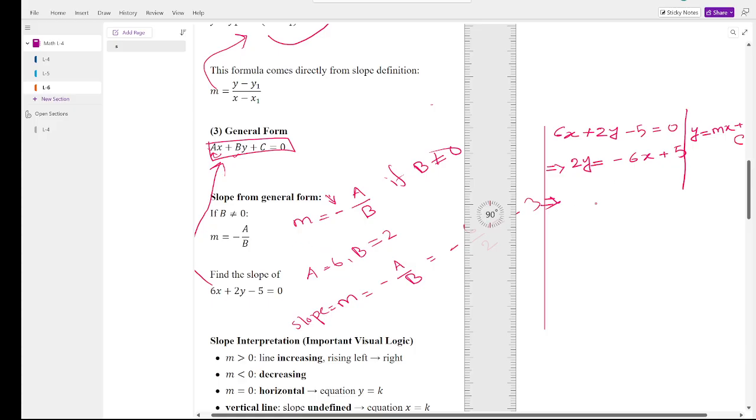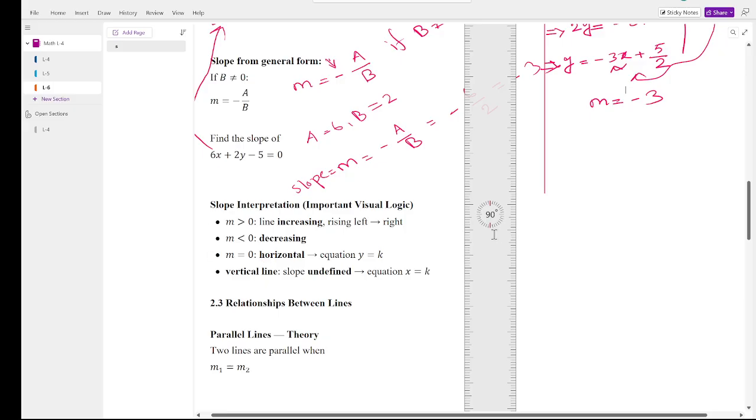Here we divide both sides by 2. The 2 is gone, and here is minus 3x plus 5 by 2. So what is the coefficient of x? Minus 3. So m equals minus 3. You can compare this equation with this line.